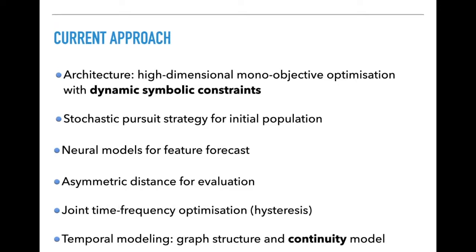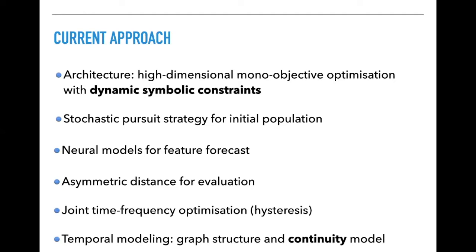But I add symbolic constraints in the cost function. I basically tried to increase the abstraction level, to think in a way that is closer to composers and less to sound analysis or engineers, if you see what I mean. So this is somehow a different approach, and it works comparably well, I suppose.